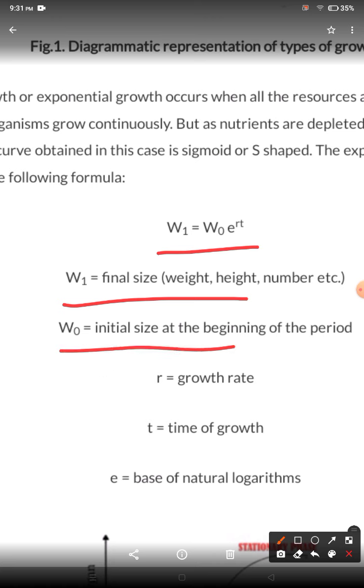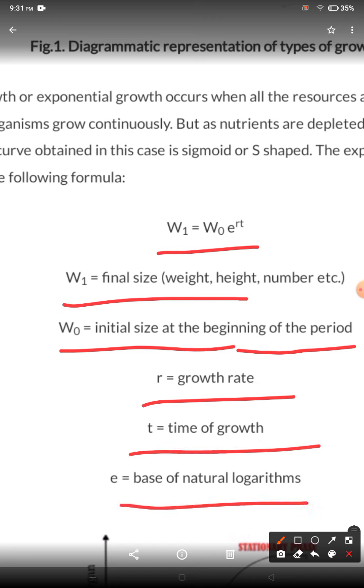W0 represents the initial size at the beginning of the period. r represents the growth rate, t represents the time of growth, and e represents the base of natural logarithm. So in geometric growth, we obtain the sigmoid growth curve.